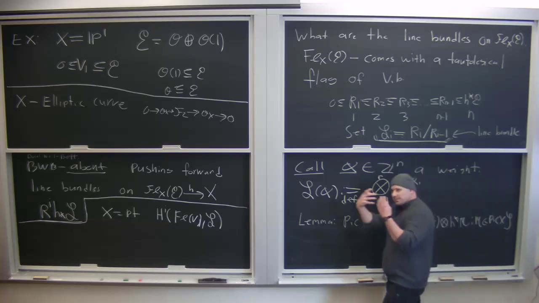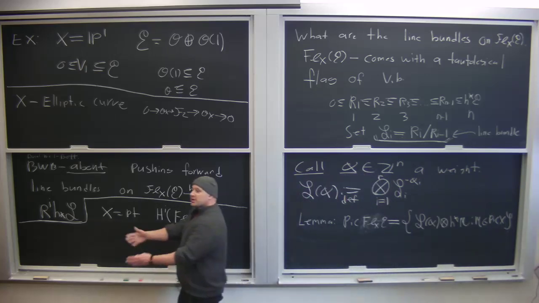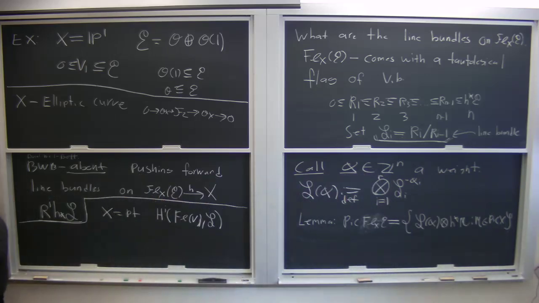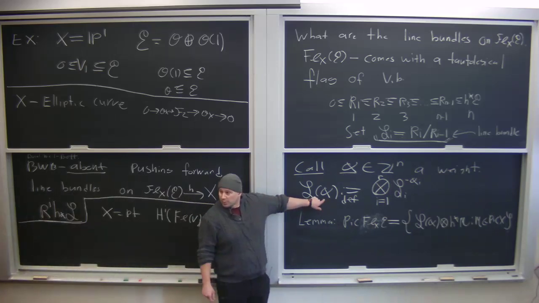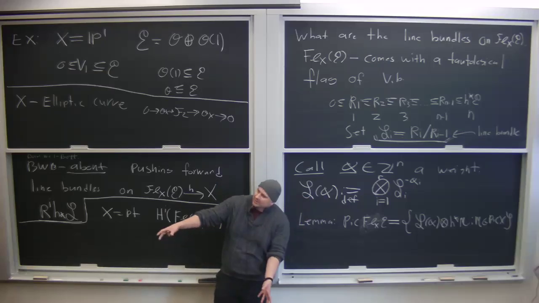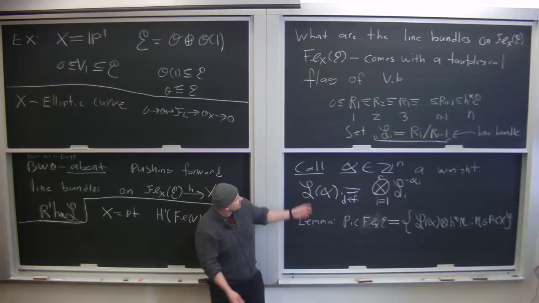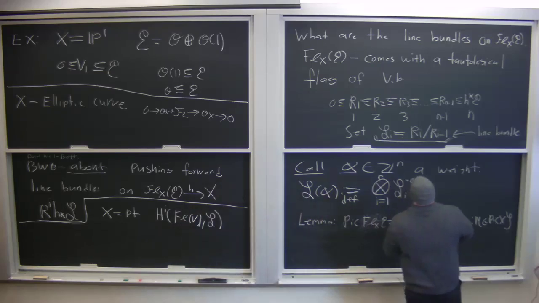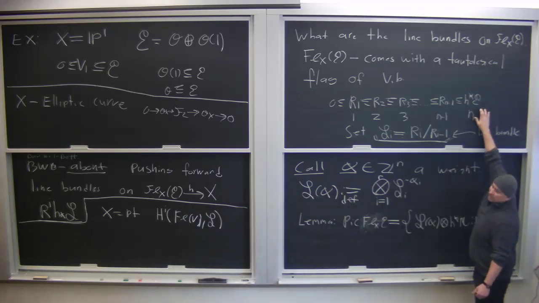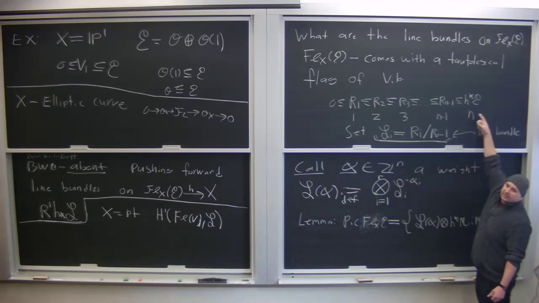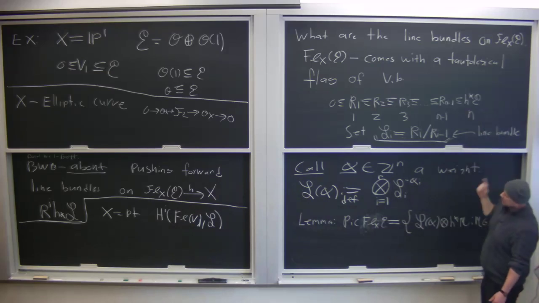So you're getting n-1 new line bundles plus things coming from the base. And I'll just note that if I took alpha to be all 1s, that would also be coming from the base, because that would be the determinant of my original vector bundle using this filtration here.